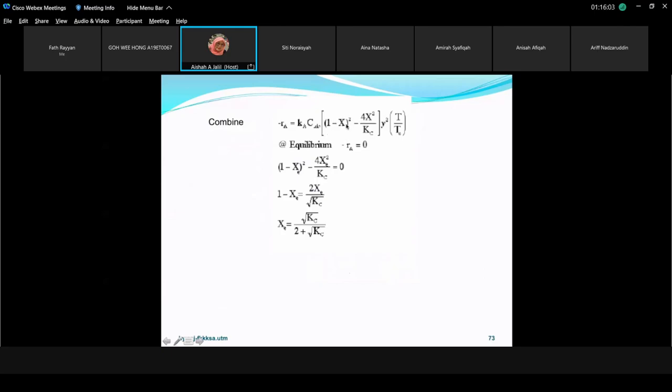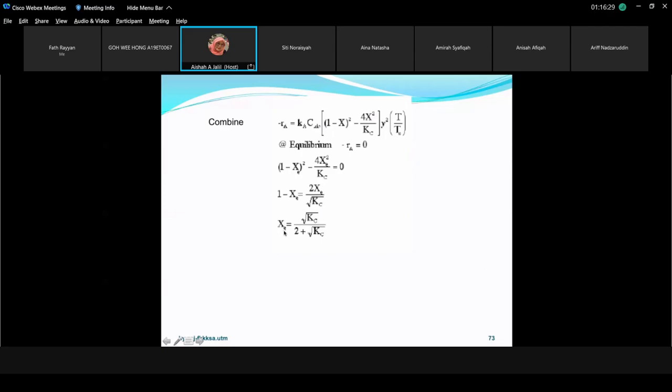It is reversible, so you have to take pressure and temperature into consideration also. At equilibrium, this equals 0. So you just solve this equation to get X in terms of K_c. If you can calculate K_c, you can get X_e.